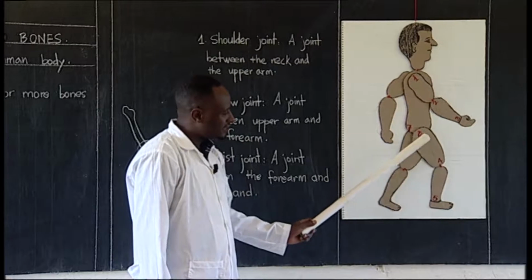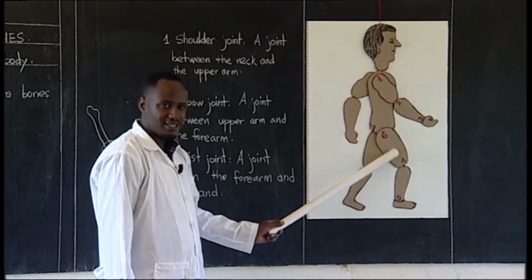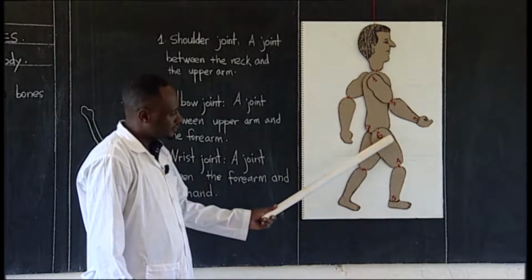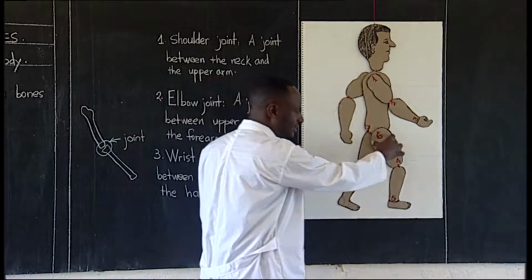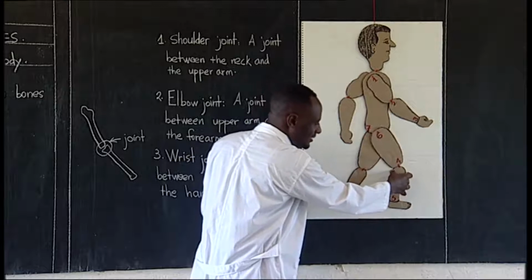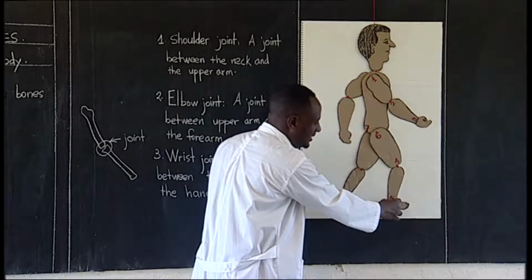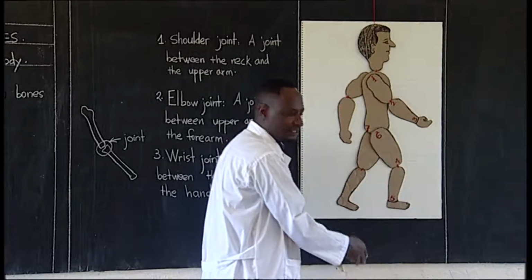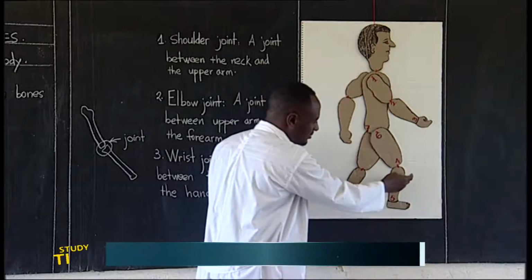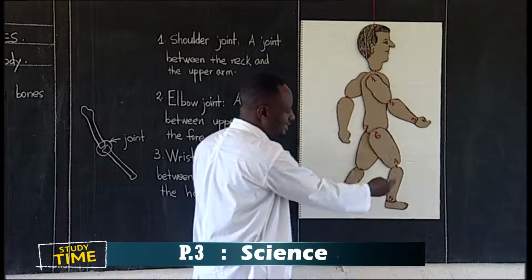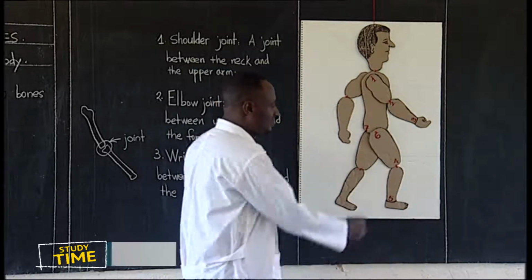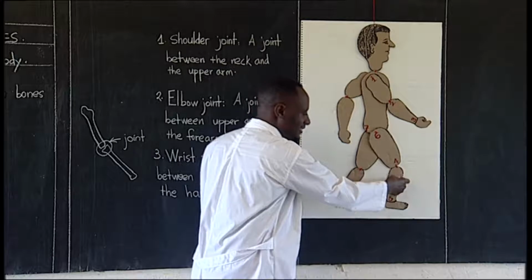This region here is known as the thigh, and this is the thigh and the lower part of the leg, which all make up the leg. This is the shin here. So we can simply say that the knee joint is between the thigh and the shin.